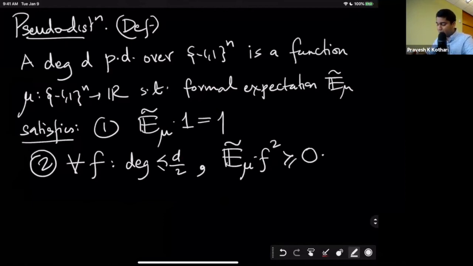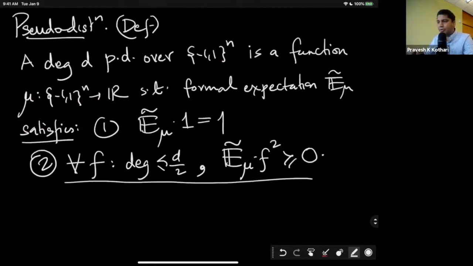And this is one example of such a property, and I'm going to show you why it's natural in a bit. But what are we saying? If f happens to be a non-negative function over the hypercube, then the expectation with respect to every distribution would be non-negative, right? Now, this number 2 here is a restricted version of this fact that expectations of non-negative functions are non-negative.